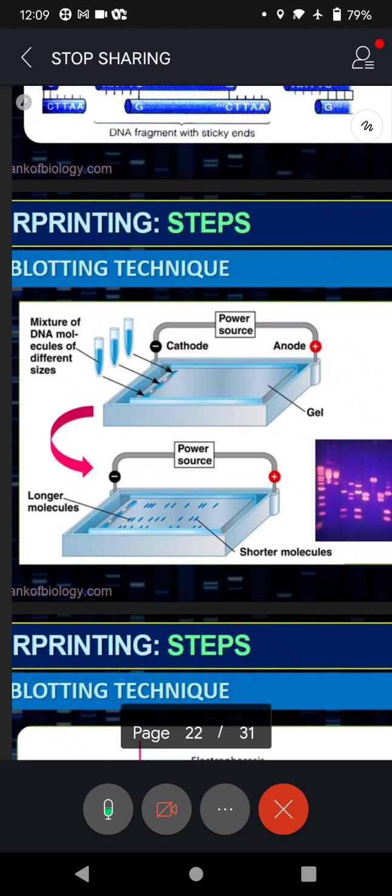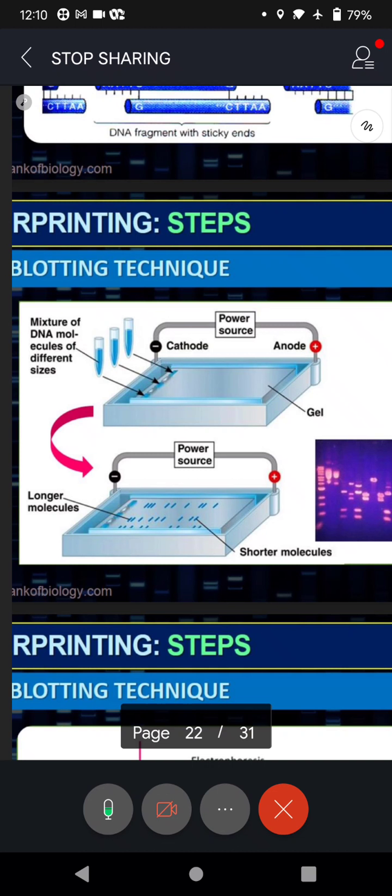There is anode, cathode, positive charge, negative charge, and all the fragments that we have cut, we pour on that, and there will be an X-ray sheet like thing, and when we pour and give the charge, the DNA fragments come up like in an X-ray sheet. Look at that. And there is separation, longer molecules one side, shorter molecules other side. So this technique is called Southern blotting technique.